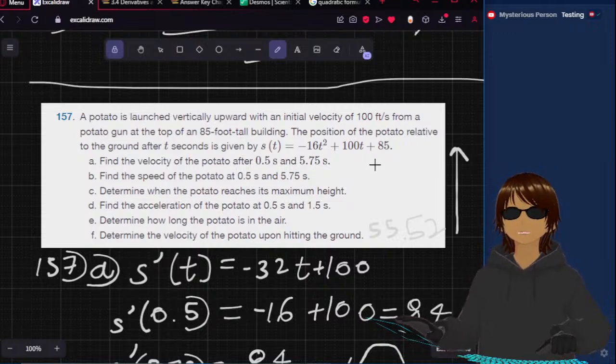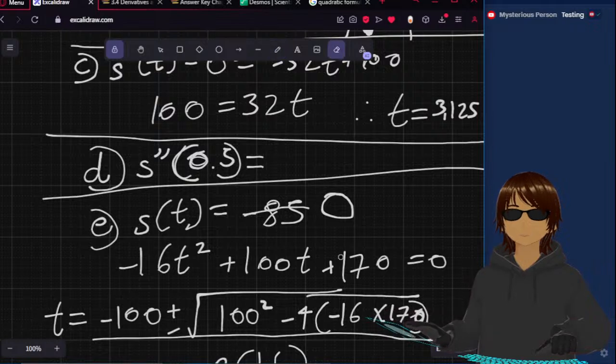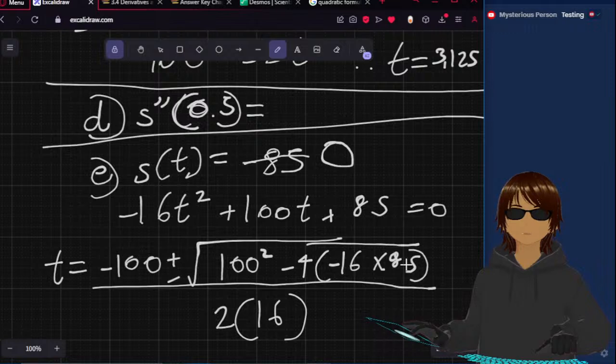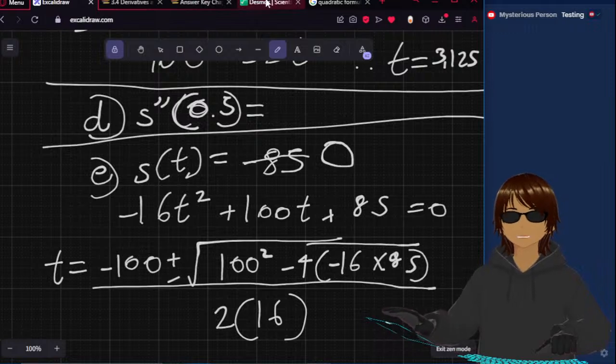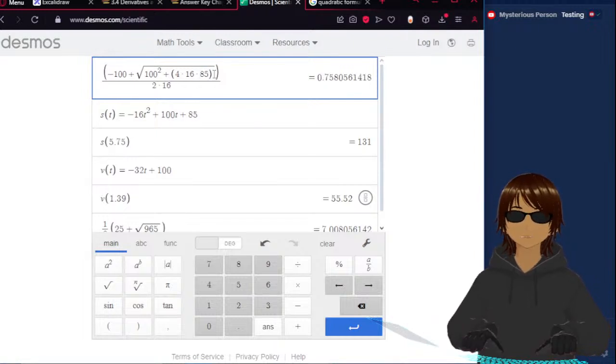Hold on, this position is related to the ground, right? So we are actually finding 0. Hope I'm right. So this would be 85. Then this would be 85. Then that means this would be 85.